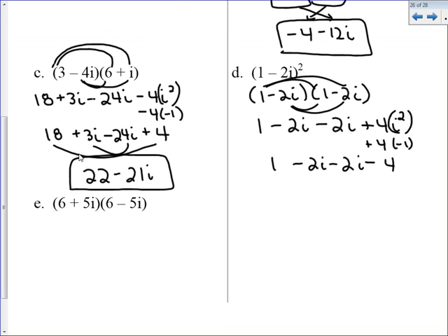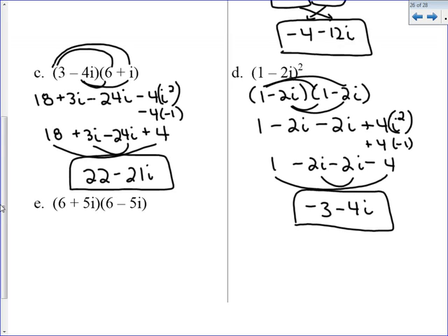What should I combine first? Negative 4 and 1. Combine those reals first. Negative 3. How about negative 2i minus 2i? Negative 4i. Good. They don't cancel because they have the same sign. And we are purposely going to do E next time. If you've already done it, it's okay. But we're going to start next time with E.